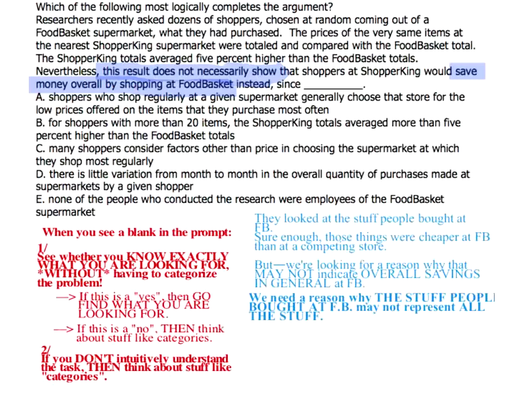So, some things are different, right? And we know the customers themselves are not the difference, because it does say that customers were chosen at random. So it's not going to be a demographic difference in shoppers. That means it's got to be something about the selection of items chosen. So if you look at choice A, that's what we want here.